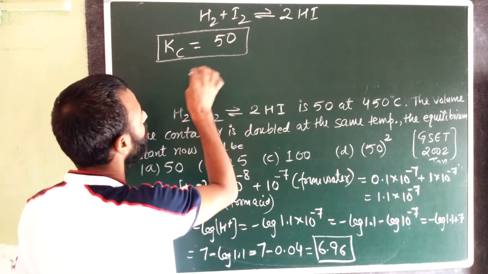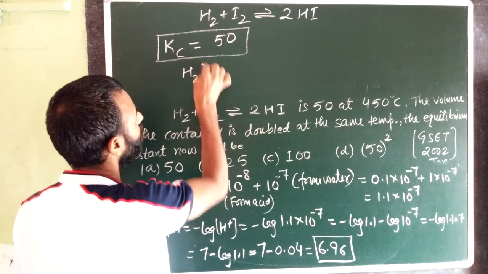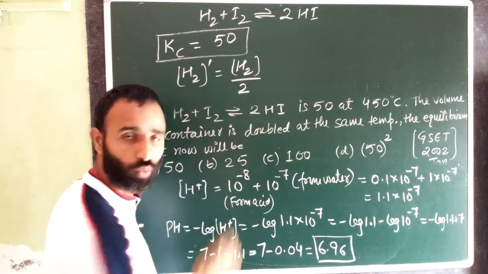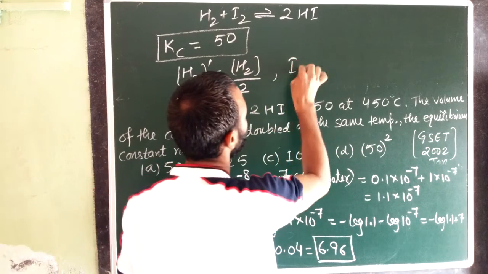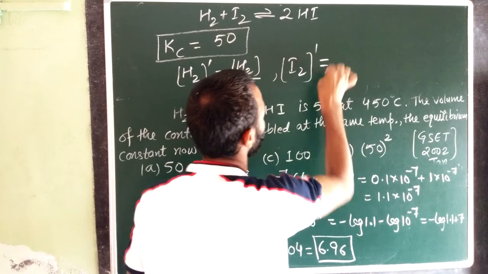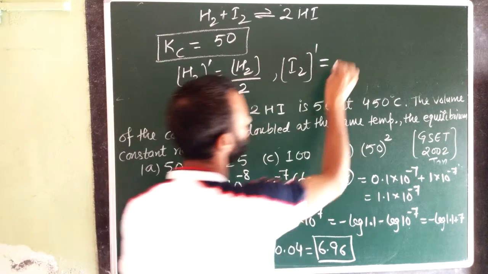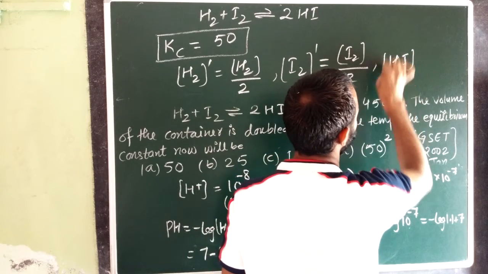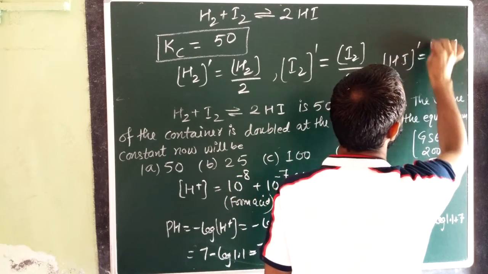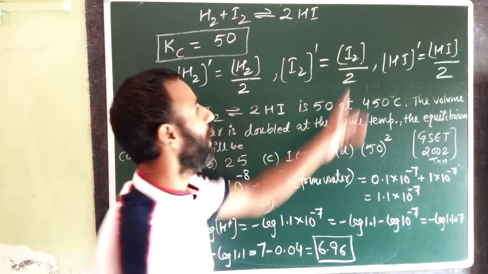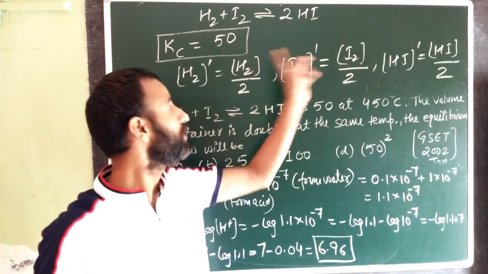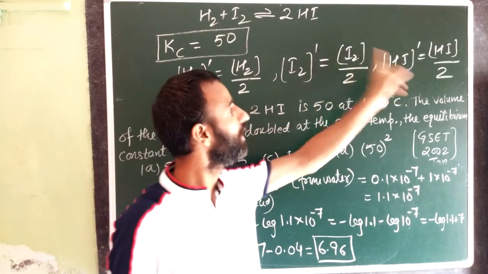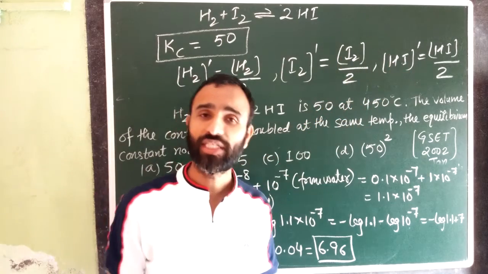So the H2 concentration becomes H2 over 2, the I2 concentration becomes initial I2 over 2, and the HI concentration becomes initial HI over 2. H2, I2, HI are the initial concentrations, and after doubling they are H2 dash, I2 dash and HI dash.